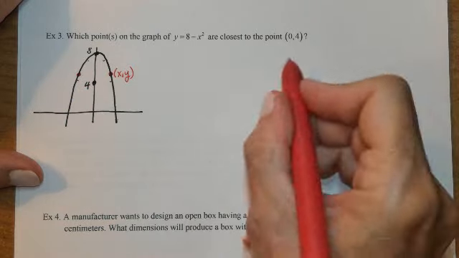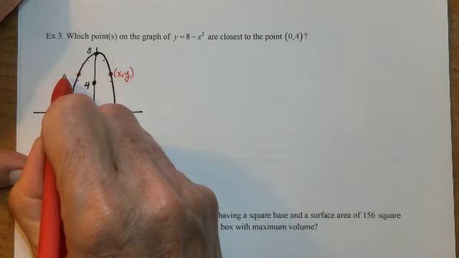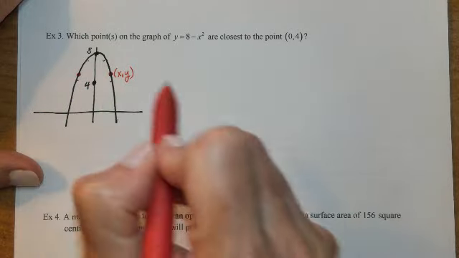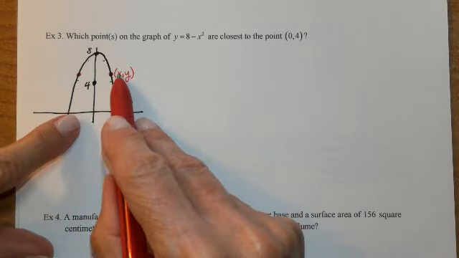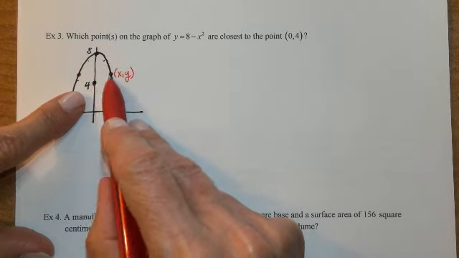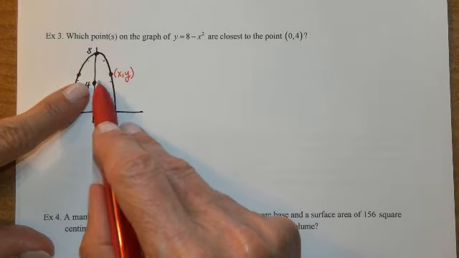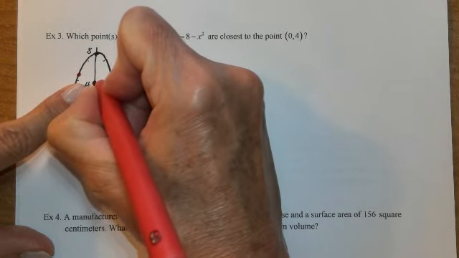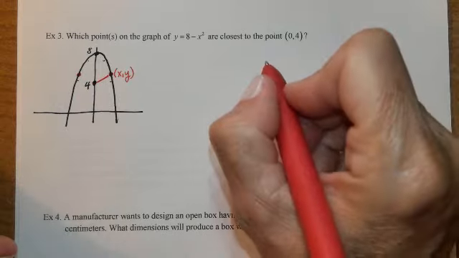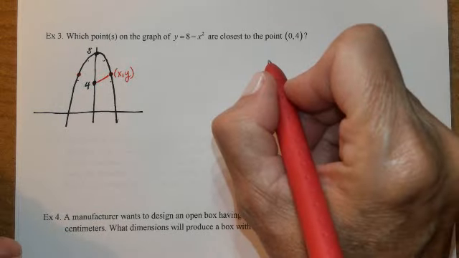So I'm looking for XY and negative XY, right? So still, what am I trying to maximize or minimize here? Well, I want this point because it's closest to this point, so I am minimizing this distance. Whatever this distance is, that's what I'm minimizing, all right?